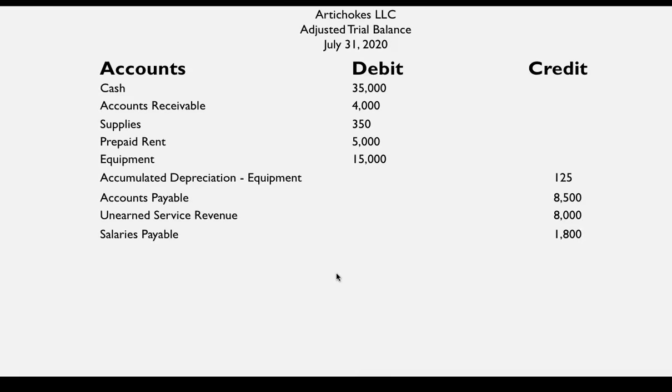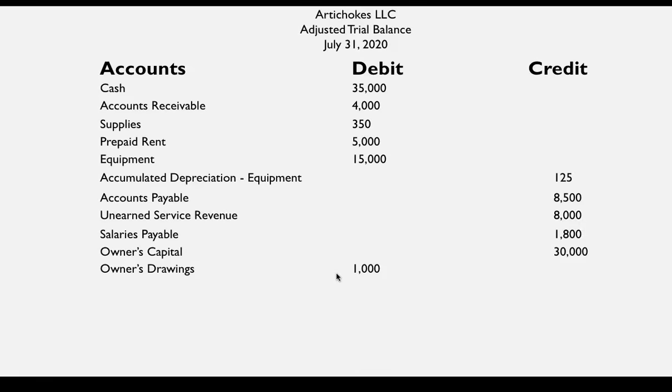Now we move on to the equity portion, right? So our capital, drawings, revenues, and expenses. So we list out our capital. Our owner's capital has not changed, right? Still just $30,000. Owner's drawings comes next. Drawings have not changed, still at the $1,000.